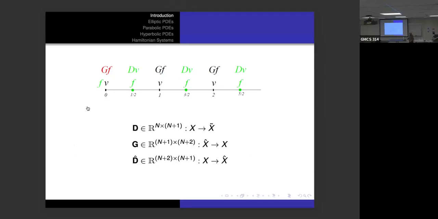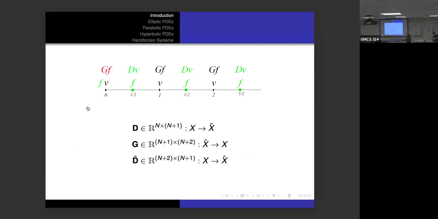For the mapping or linear transformation, the one at the top is the divergence, which goes from the nodes to the center of the cells. Then the gradient goes from the center of the cells and the boundary to the nodes.